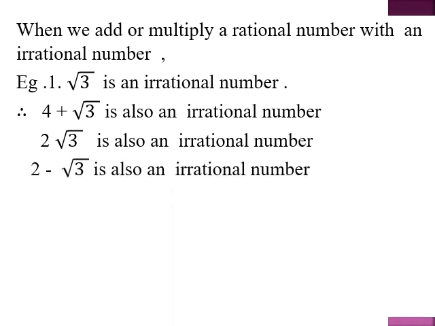If you subtract an irrational number from a rational number, that is 2 minus root 3, it is also an irrational number. And if you divide by an irrational number, that is 5 divided by root 3, it is also an irrational number. So if you add, multiply, divide or subtract a rational number with an irrational number, the combination is again an irrational number.